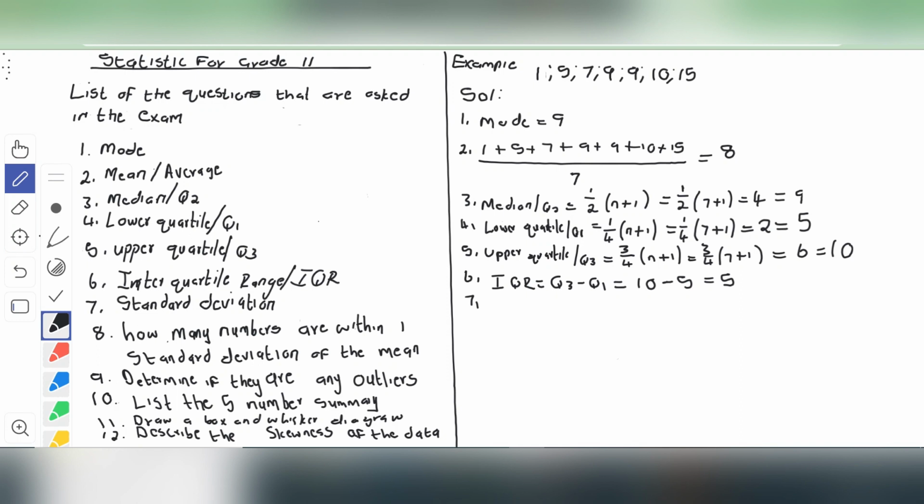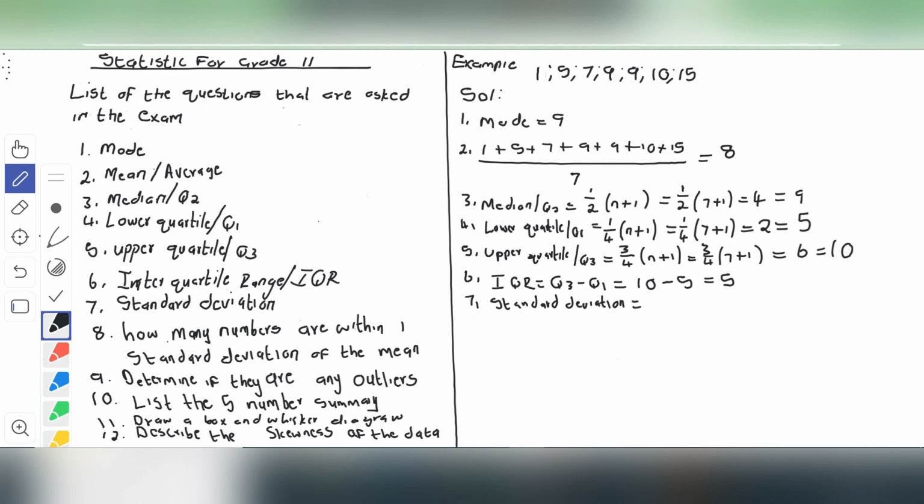The standard deviation. For grade 11 we use a calculator, and also for grade 12 we use a calculator to find what? The standard deviation, right?